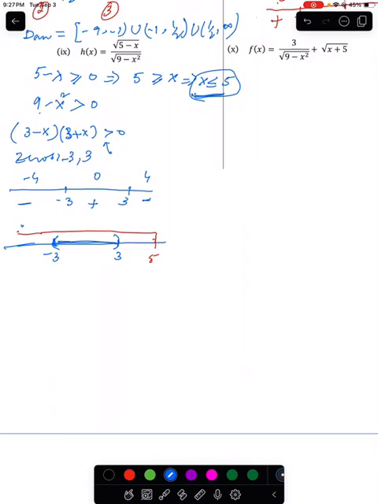So now we have to look at where the domains of these two functions overlap, which you can see is only this portion. Therefore, the domain of the function is negative 3 to 3.